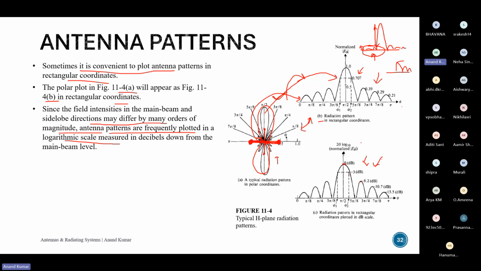It brings them down to a more realistic scale, and now it's easier to read the plot. So this is the polar plot, and these are the rectangular plots. The rectangular plot in normal magnitudes, and this is in the logarithmic scale.